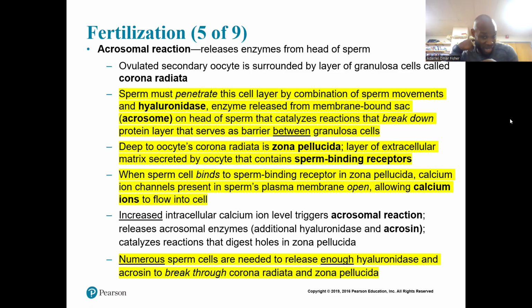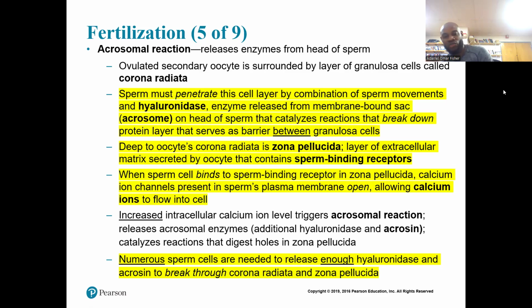When the sperm cell binds the sperm binding receptors in the zona pellucida, calcium ion channels present in the sperm's plasma membrane open, allowing calcium ions to flow into the cell. Remember, calcium is used in different ways in the body to send signals. This increased intracellular calcium ion triggers acrosomal reaction, releases acrosomal enzymes, and catalyzes a reaction that digests holes in the zona pellucida.